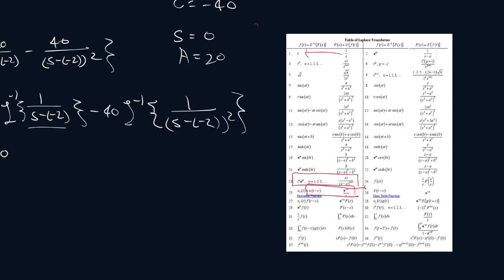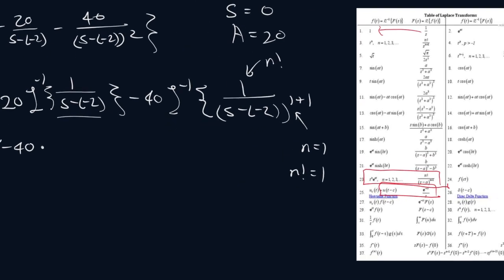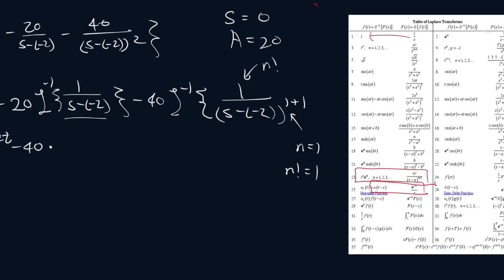So pretty much this is to the power of 2, right? Which is the same thing as 1 plus 1, and that's your n. Okay, so n will be 1, and n factorial will also be 1, because this part is supposed to be n factorial. So that's good. So it's supposed to be t to the n times e to the a t.